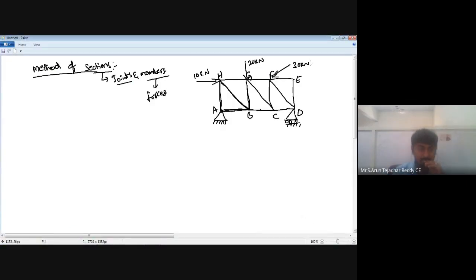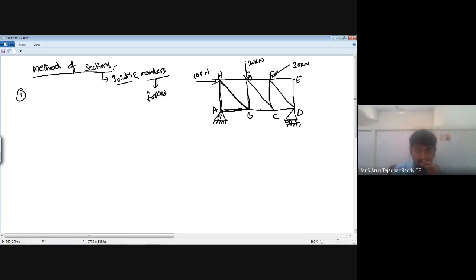The first step is replace the supports with the reactions. See, first of all, before going to start any kind of problem, you need to understand how many supports are available in the given truss. See here, only two supports are available.